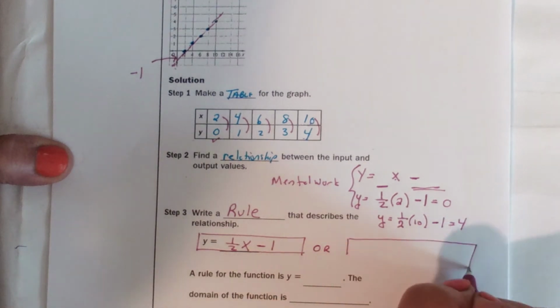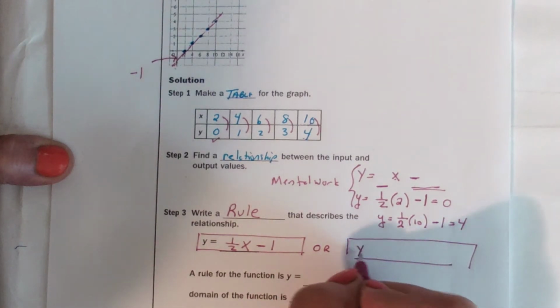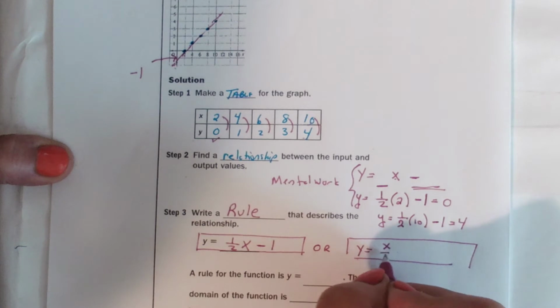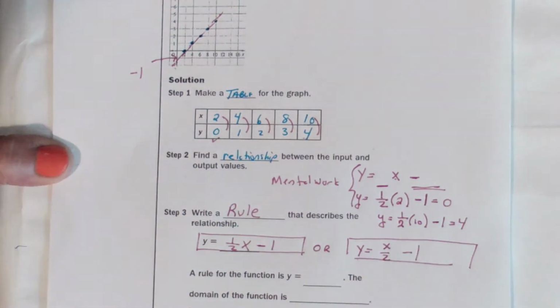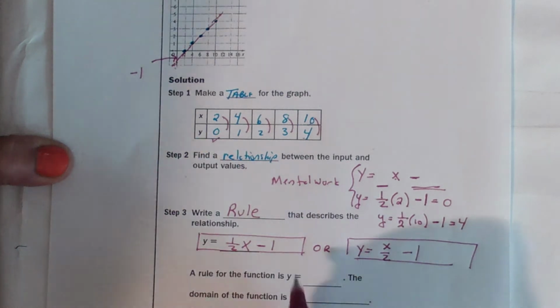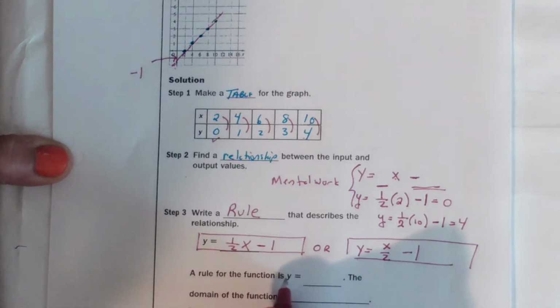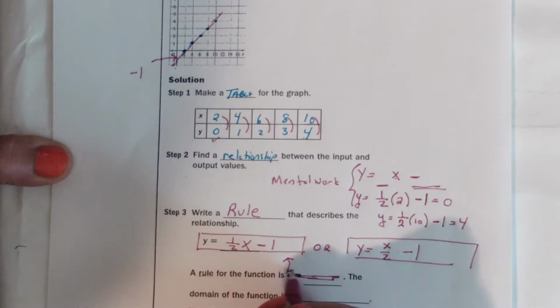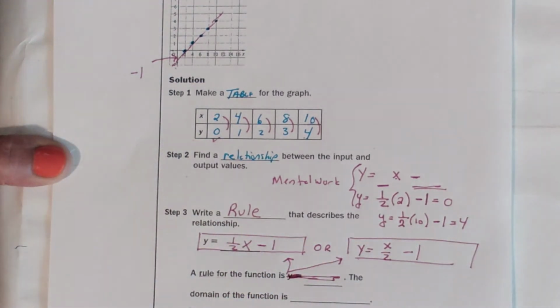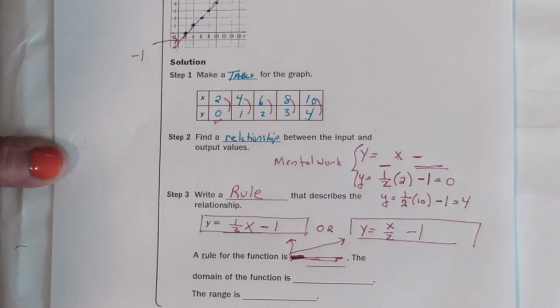This is also okay. y equals x divided by 2 minus 1. Okay, so the rule for the function, we don't have to repeat that, is either this or that. So those are our rules.